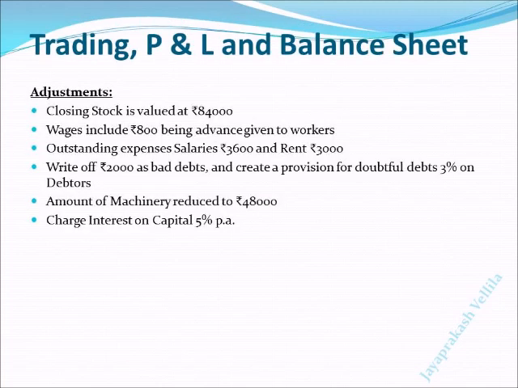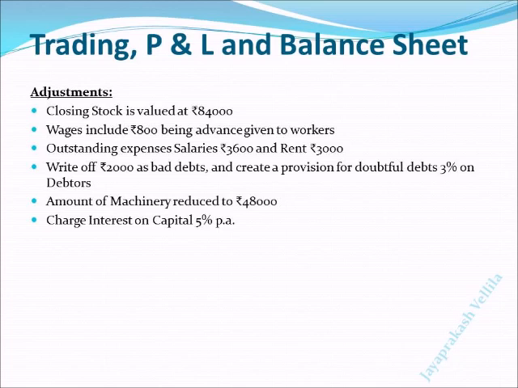Next, as per adjustment, a new adjustment is given: charge interest on capital at 5% per annum. We know that the capital is the investment made by the owner in the company. As earnings from the investment, they can take interest on the capital.